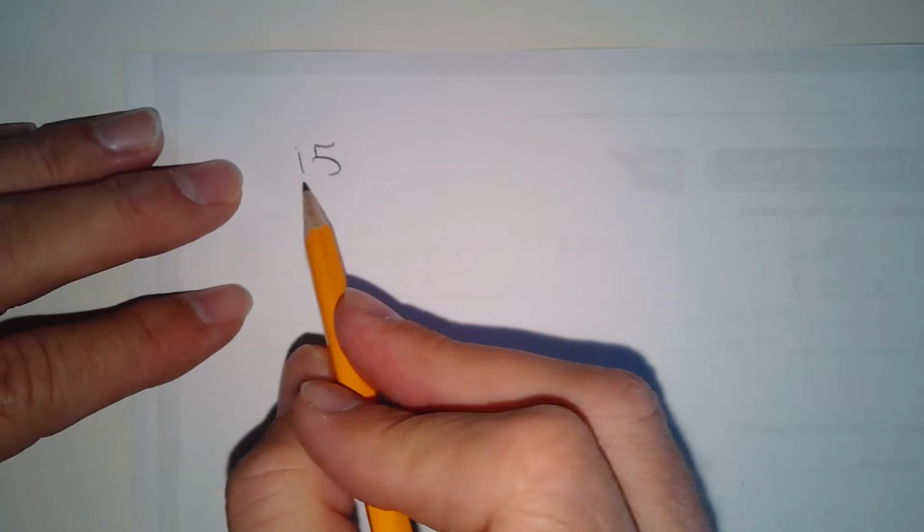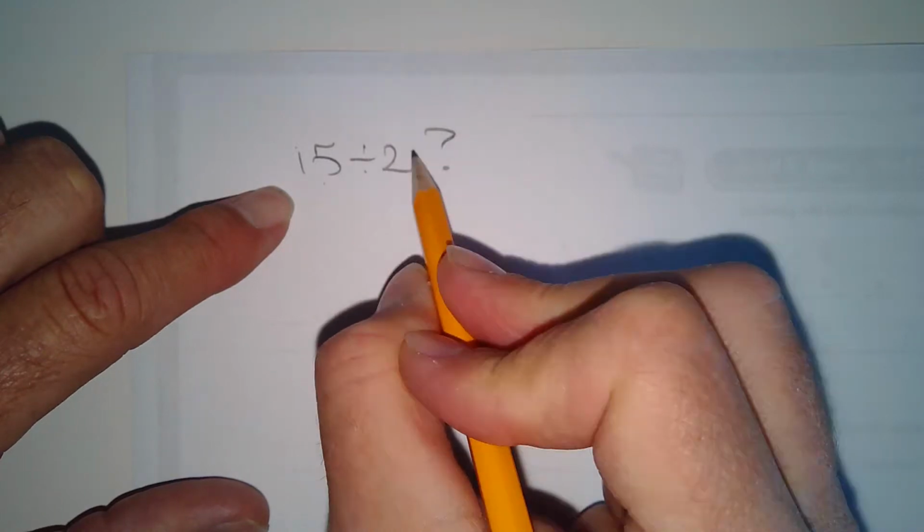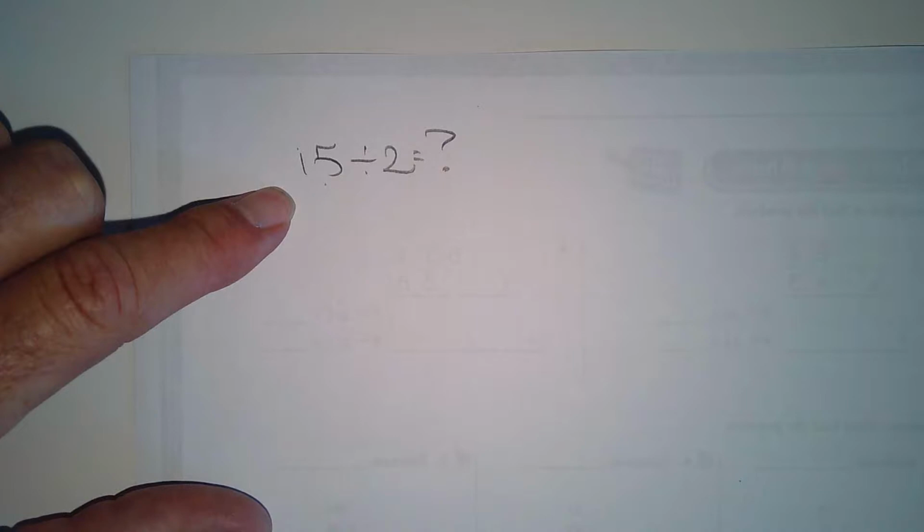Give me any 2-digit number. 15, okay. Now, if I wanted to know if 15 is divisible by 2, how would I determine that? Do you have any idea?